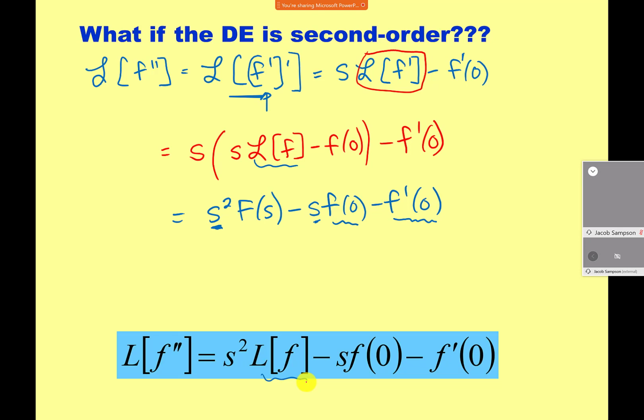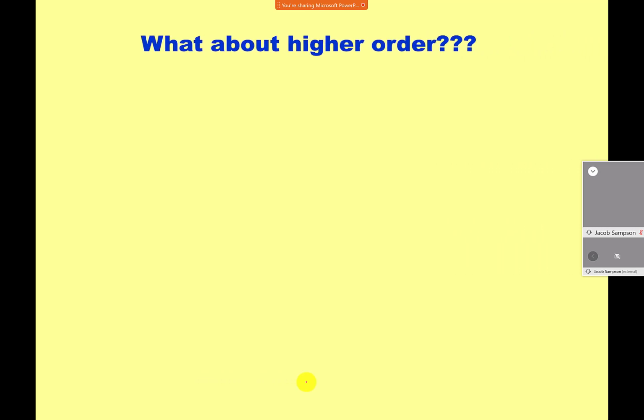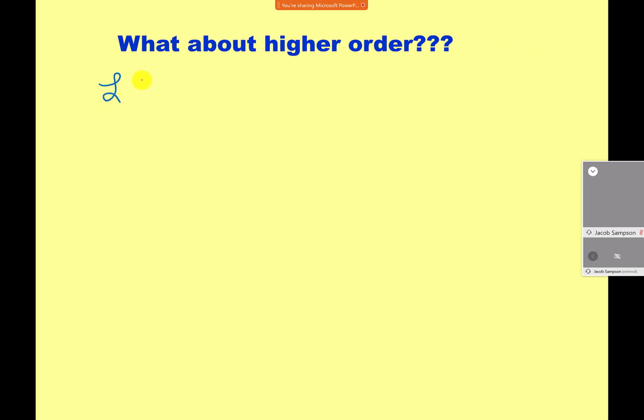So then we're going to be interested in what if it is higher order than that. We want a general formula, looking for the pattern, so we could try Laplace transforming a third derivative, and I could do that by Laplace transforming the second derivative as a derivative and using the derivative formula.